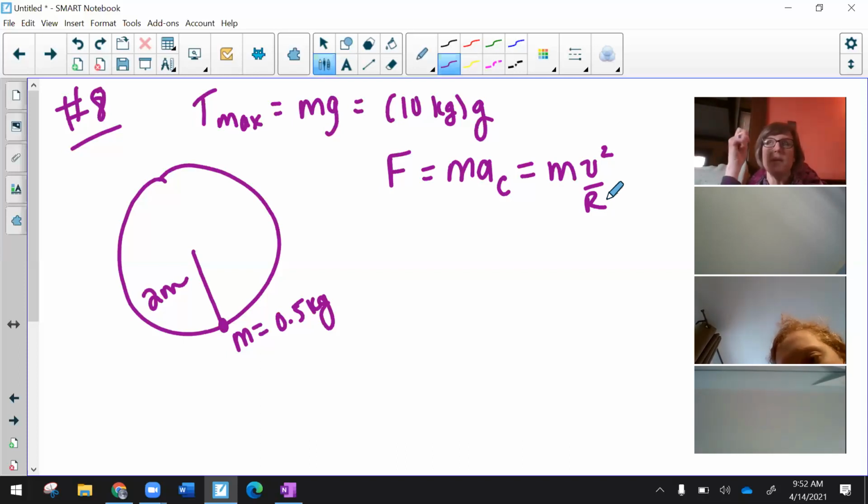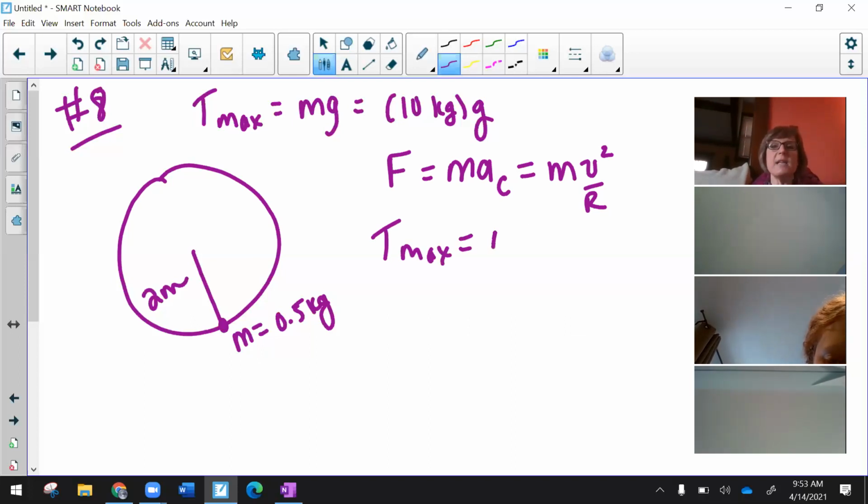If I hold the string and I have the object and I spin it around over my head, what's the force that's making that object move in a circle and not just fly off? The tension. Okay, plus it's the only other force they've told you about. So this tension is what's supplying the force to make the object move in centripetal motion.